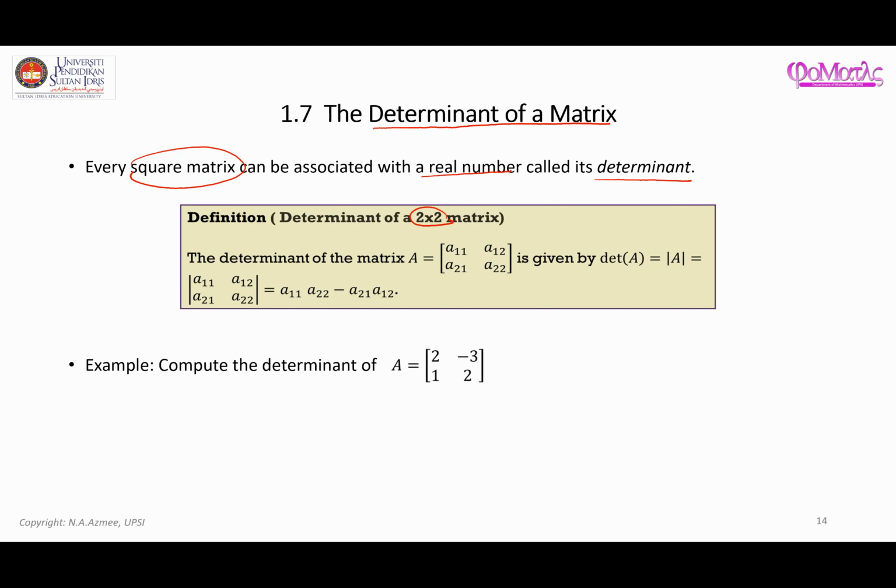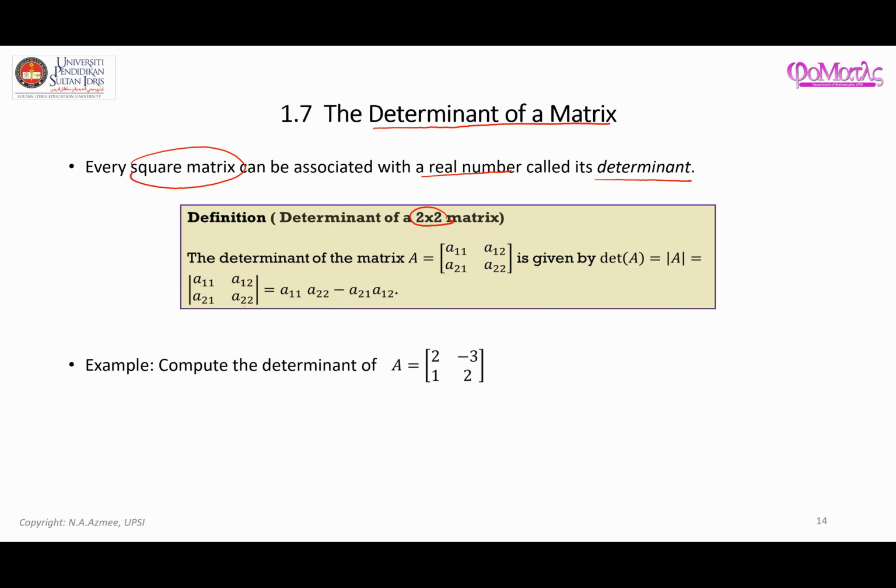If this is a matrix A, the determinant of A can be obtained by multiplying the opposite values, A11 with A22, and then subtracting the result of multiplying these two opposite values. So we have A11 times A22 minus A21 times A12.